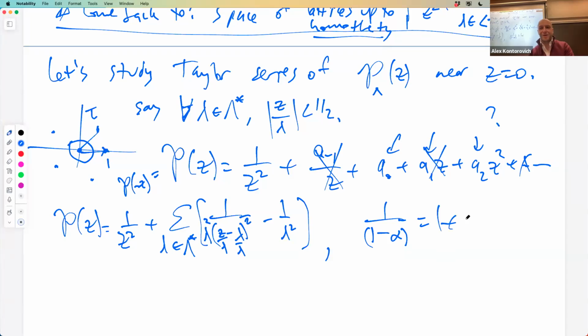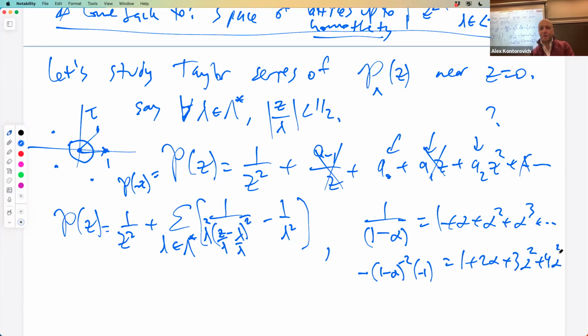Yeah, exactly, the geometric series, 1 plus alpha plus alpha squared plus alpha cubed, and so on. Okay, so if I differentiate both sides of this, I get 1 over (1 minus alpha) squared, the chain rule giving a minus 1 for the minus 1. And differentiating the right side, I get 1 plus 2 alpha plus 3 alpha squared plus 4 alpha cubed and higher order stuff.